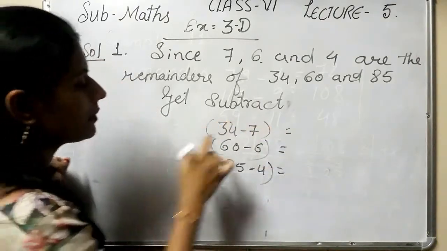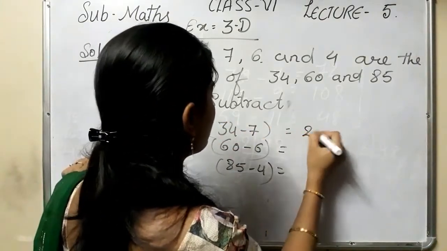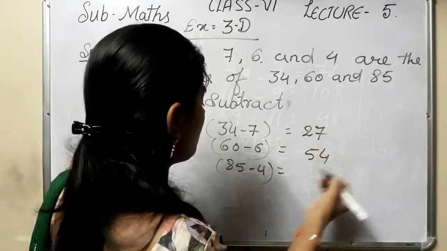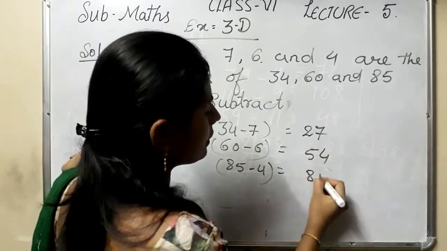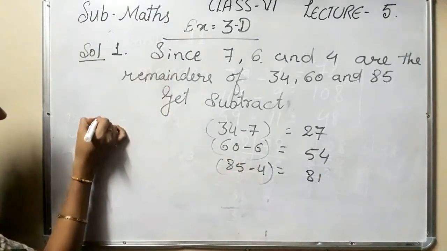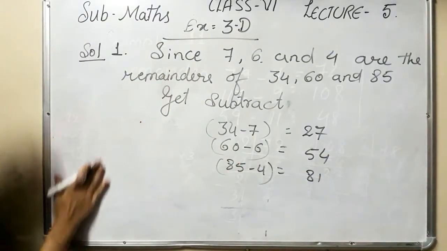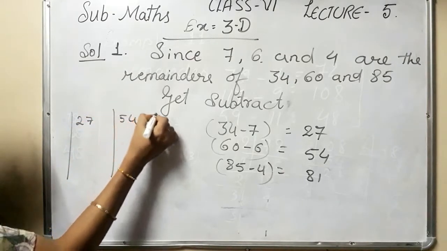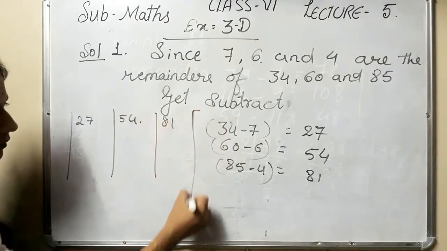Now see, when we subtract here, 34 minus 7, that is 27, 60 minus 6, that is 54, 85 minus 4, that is 81. So when you get the HCF here, first of all find the HCF of 27, 54 and 81.